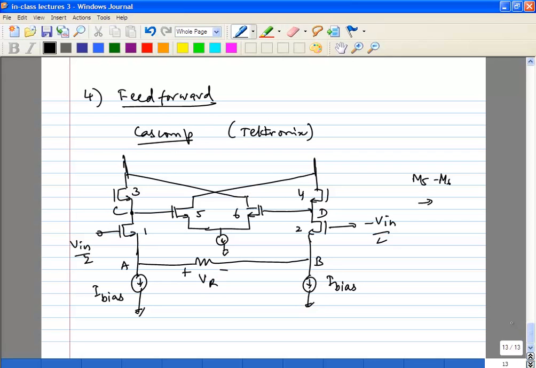What it's going to do is calculate the error between C and D and amplify it and add it to the output as a current. Let's call these, that's your differential current I. This is your error current, I5 and I6.